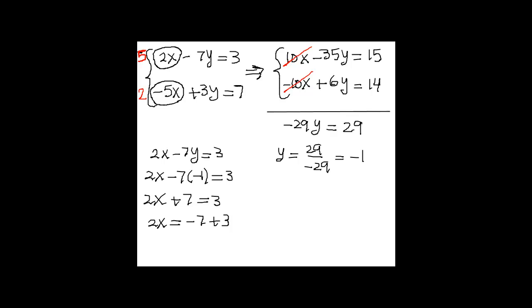I subtract 7 from both sides of the equation. It would be minus 4. And it looks like we already got the answer. x is equal to minus 4 over 2, so x would be equal to negative 2. So again, I can write the answer as negative 2, comma, negative 1. We used the addition method in this case, instead of the substitution method.